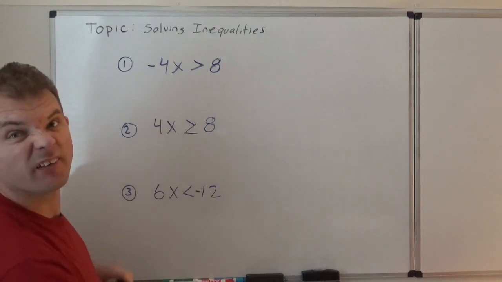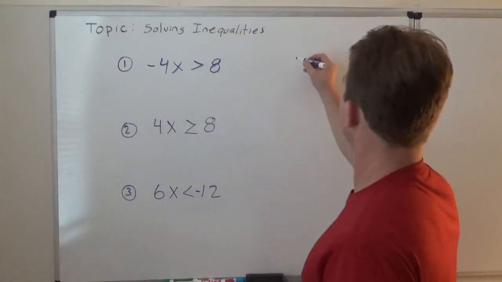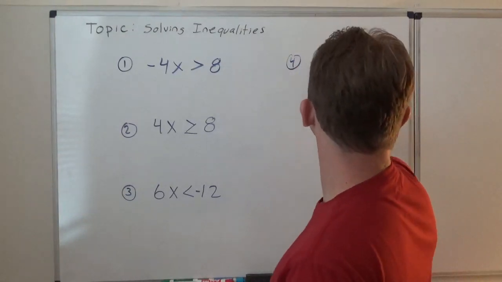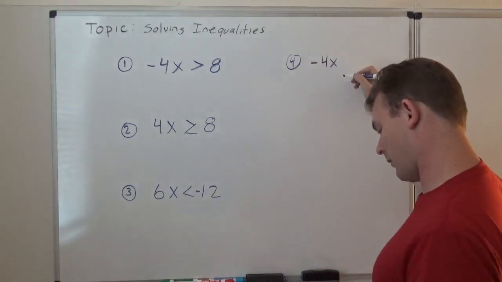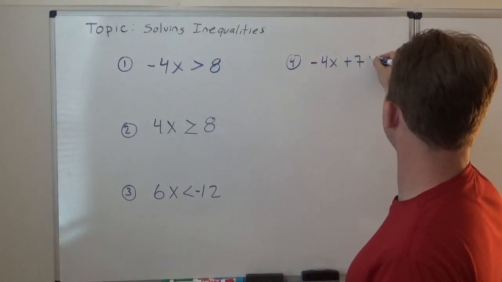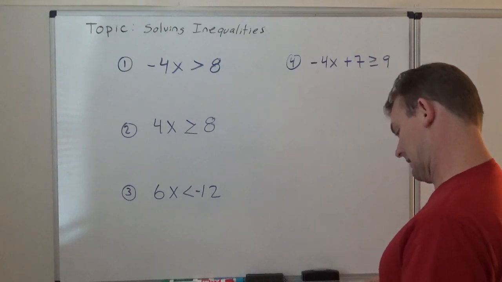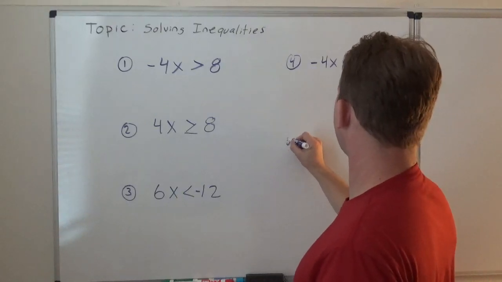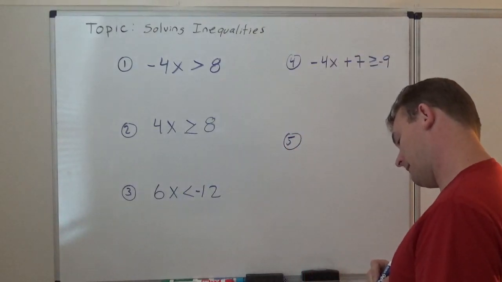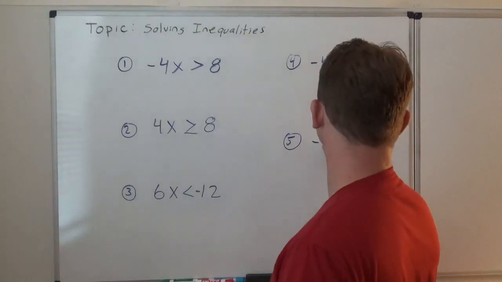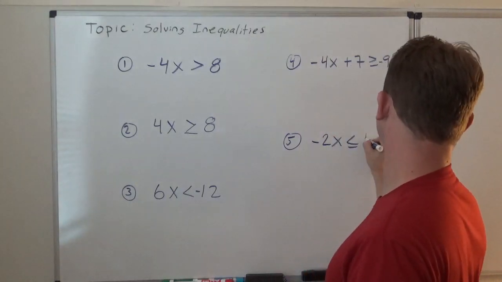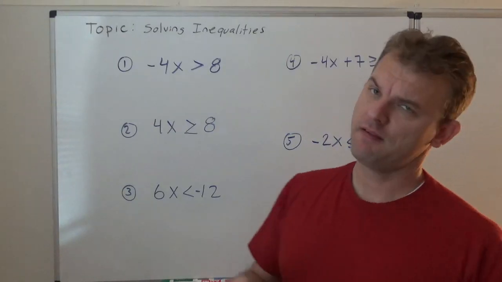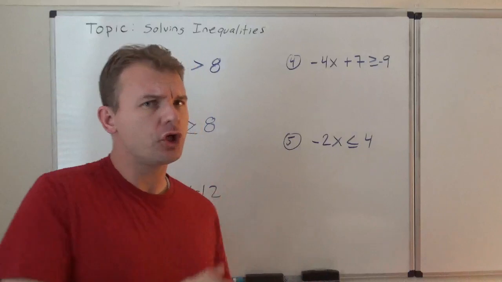Number 4, let's go a little more involved: negative 4x plus 7 is greater than or equal to 9. And number 5 is a less than. So there's your 5 questions. Then let's go through the answers, just like we normally would.